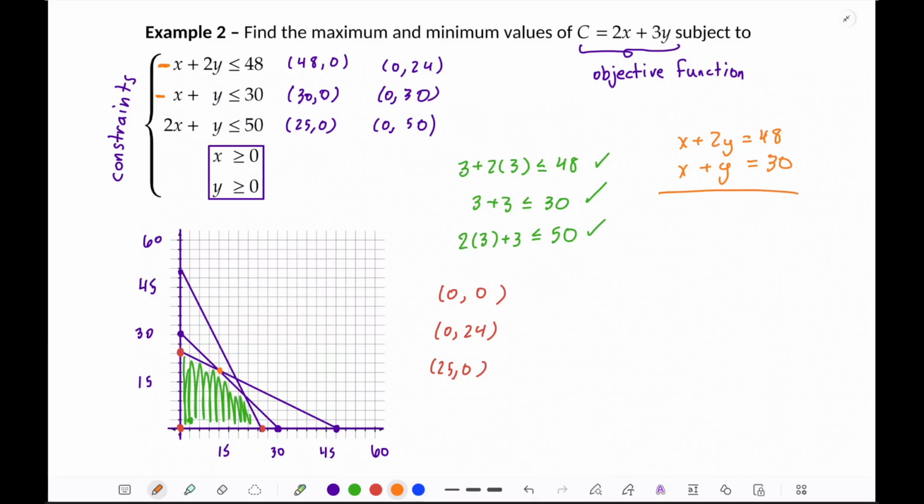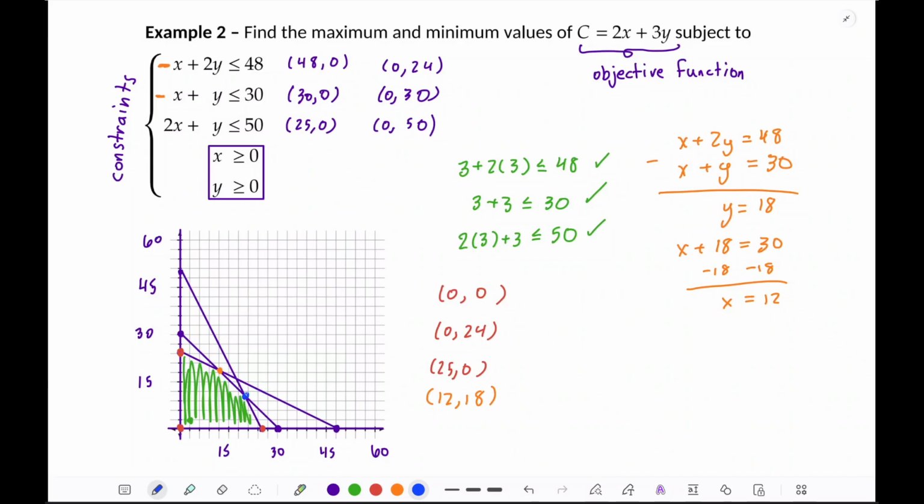I hope you see if we just subtract them, we get y is equal to 18. Plug it back into the second equation. We get x plus 18 is equal to 30. Subtract 18 from both sides, and we get x is equal to 12. So that orange point is the point 12, 18.